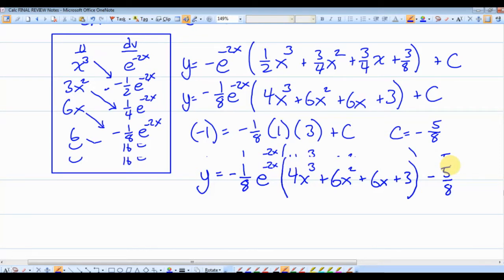Where would you say x equals 0? The y is still negative 1/8. 3 times 1/8 is 3/8. So 1 minus 3/8 is negative 5/8. What number is that? 31?